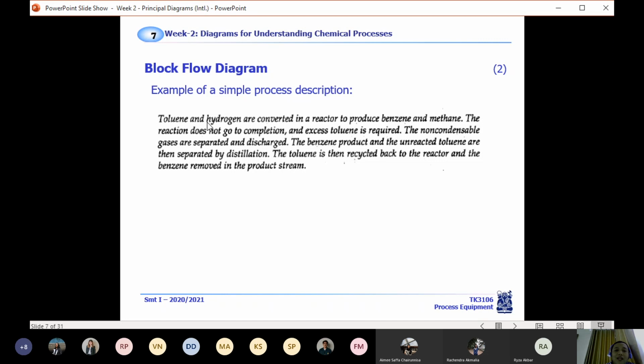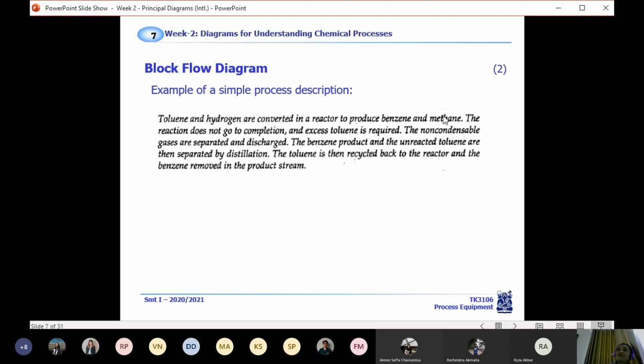Toluene and hydrogen are converted in the reactor to produce benzene and methane. This is very important, becoming the in-out parameter, the in-out specification. It means that this plant has input or feedstock, toluene and hydrogen, and the products will be benzene and methane.